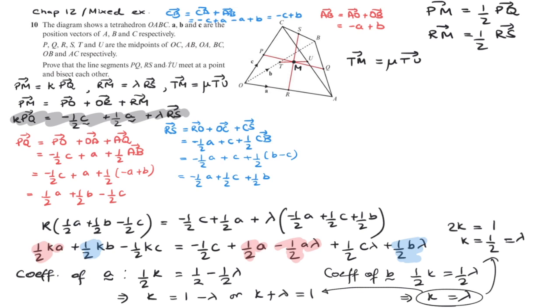So TM can be written as T to O plus O to R and R to M. So that is going to give me minus half of B plus half of A plus half of RS, and I know what RS is. It is right here with me, so I'm going to use that.